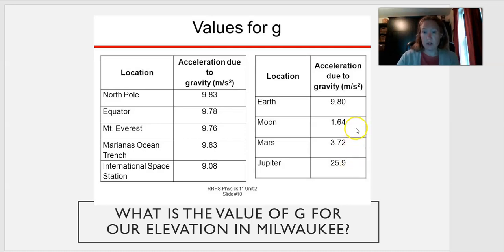That would be the biggest of all, right? But we can see these values are varying depending on what planet you're near. And if you Google this, we can talk about what our value of g is at our elevation above sea level here in Milwaukee.